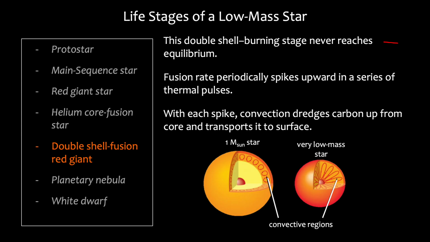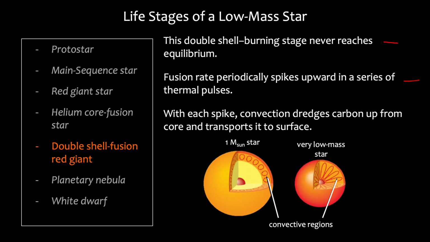Fusion rate periodically spikes upward in a series of thermal pulses, which each spike convection dredges carbon up from the core and transports it to the surface. At this point, basically, the star is not very stable and is really near its death.